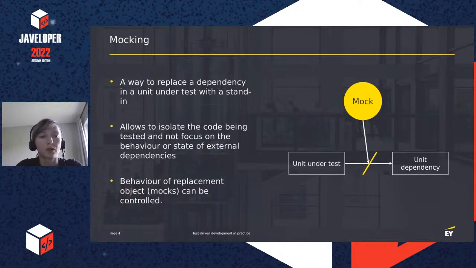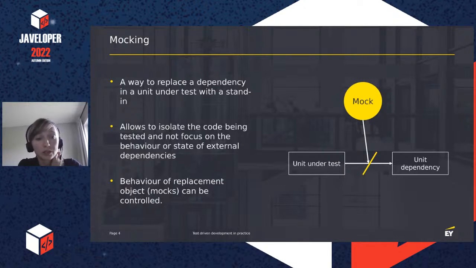Let me also mention mocking, as it is an important part of unit testing. Mocking is a way to replace a dependency in a unit under test with a stand-in. So here is a dependency, here is our mock as a stand-in.